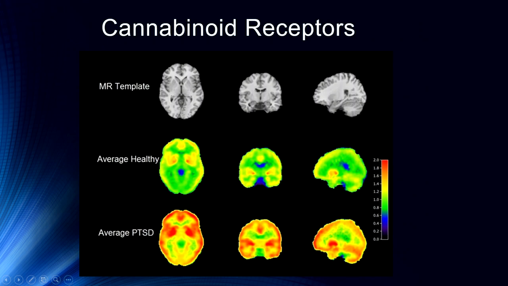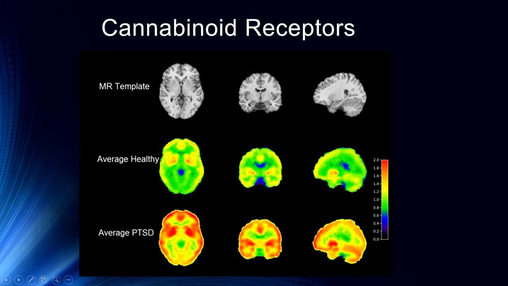So let me give you a look at the kind of study that might be particularly suited for a PET scan. At the top, we have a magnetic resonance template where we're taking a brain, as we talked about in the previous lecture, these idealized brains, which we can then place these specific types of parametric maps on.